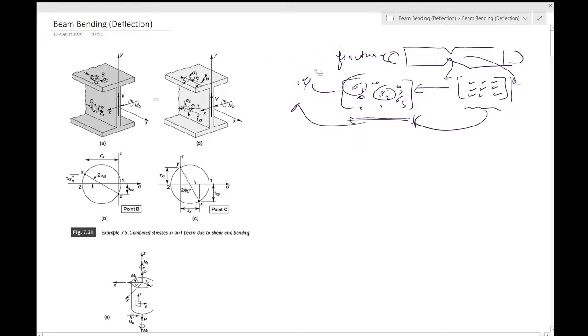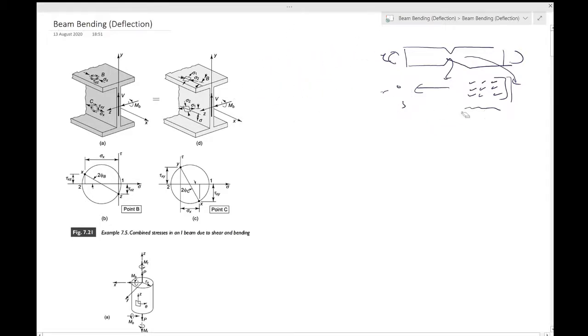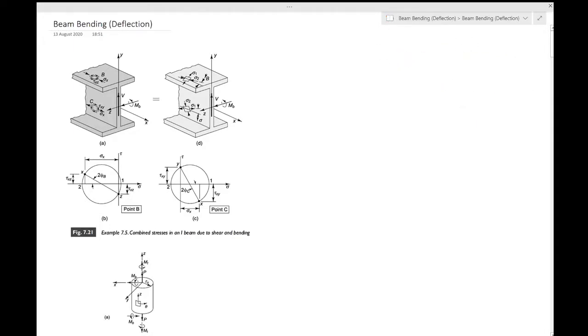The example is 7.5. Now it is desired to investigate the state of stress at points B and C. This is the point B, this is the point C, in the top flange and the web of the I-beam.